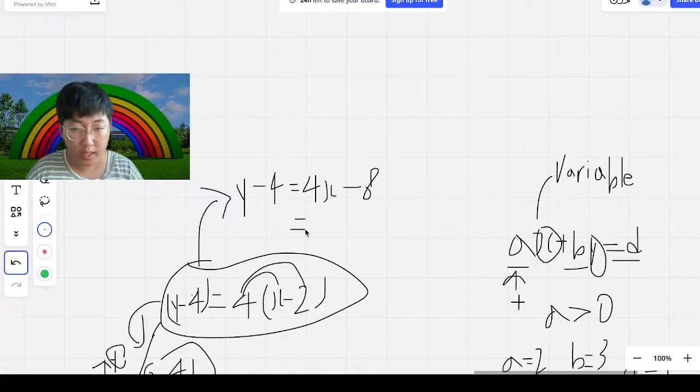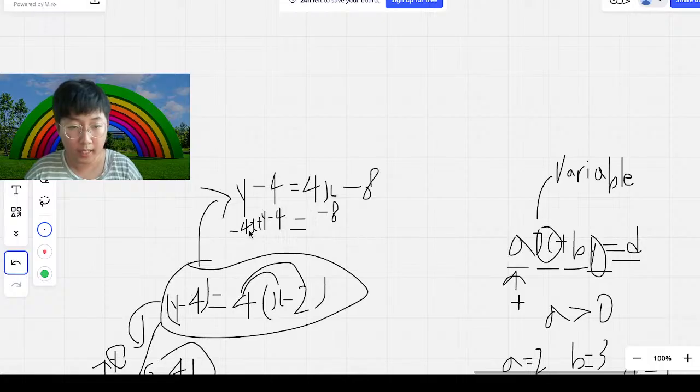We want to put x and y on the same side, so we subtract 4x from both sides, which gives us negative 4x plus y minus 4 is negative 8.